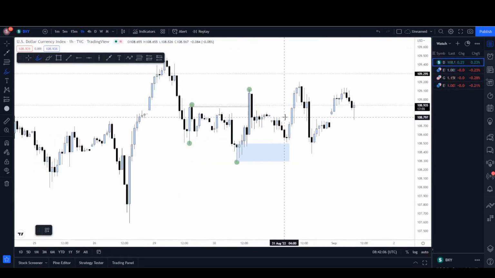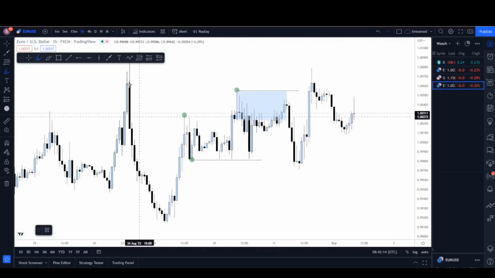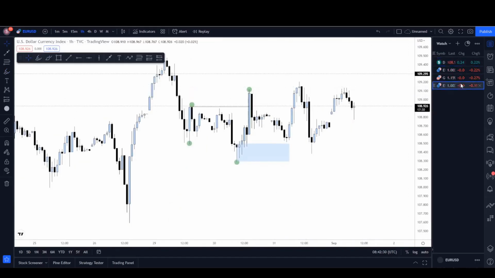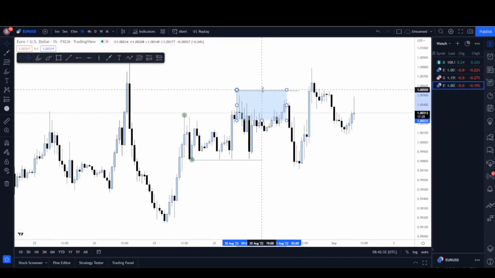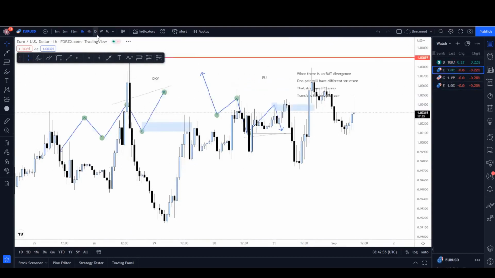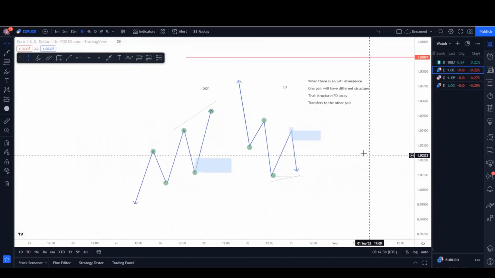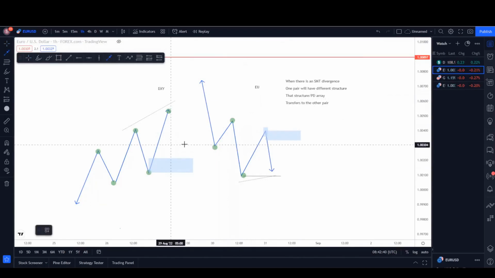Hopefully this is making sense. I don't know if it is, but yeah, I don't know how to explain it better. Let me just check. Does that make sense to anyone? I don't really know. But anyway, let me think. How can I explain this? It might have been a good explanation. But if we go back to the drawing here, essentially, if this goes lower, this goes higher.